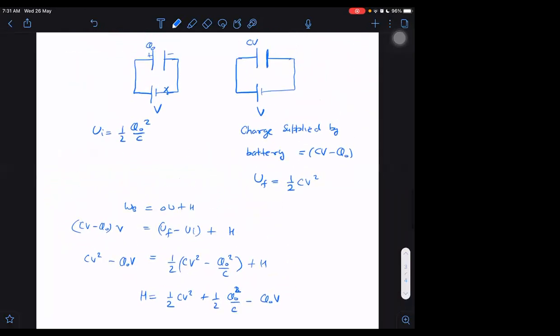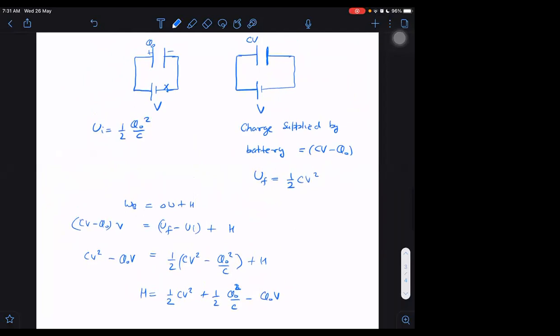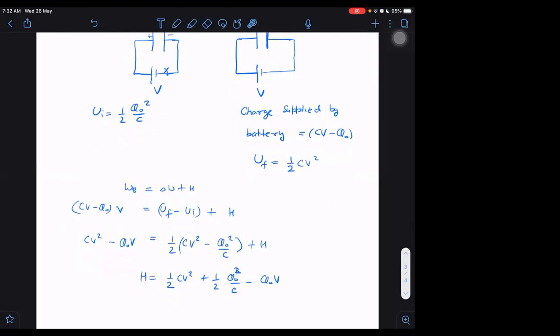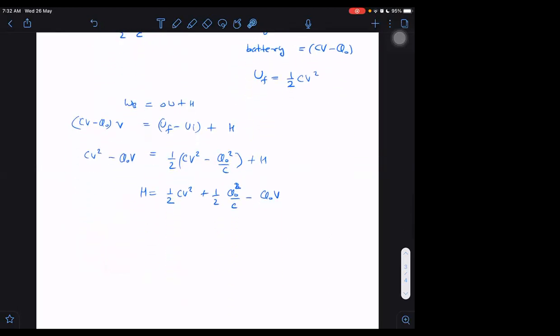This result comes out in a simplified way. Let me write it that way. While the battery does some work, what work does it do? It does the work equal to (CV minus Q naught) into V, that is CV square minus Q naught V. Potential energy is half Q naught square by C, correct. This CV square cancels, and it becomes half CV square.